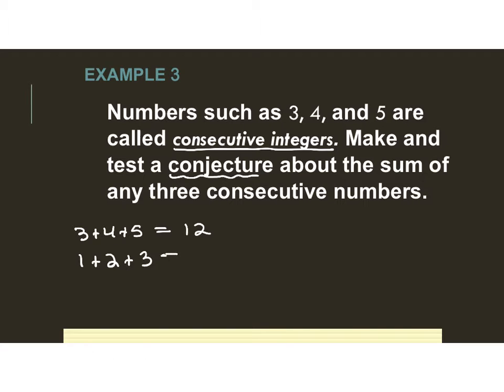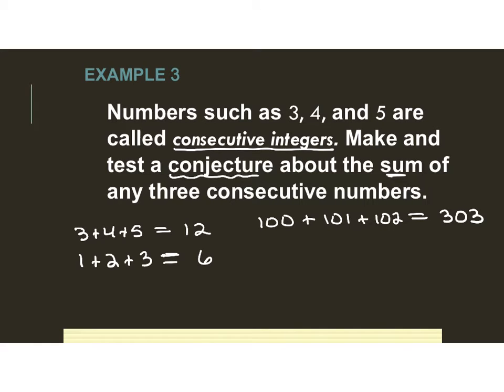So then if I add those, I'm going to get 6. And now I've got to look, is there some kind of pattern happening here? Let's pick another series with bigger numbers. Let's say we pick 100, 101, 102. Let's add those because it wants the sum, and I get 303.